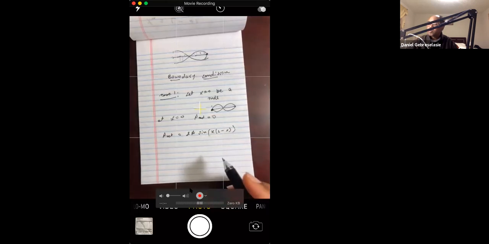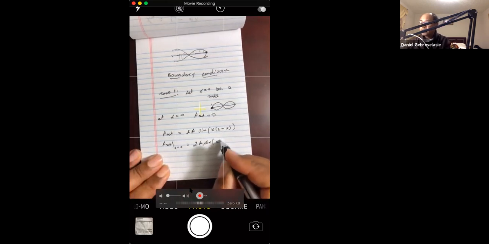So let's work out this condition. We're going to set A net equal to 0 at x equals 0. A net is 2a sine of k(L minus x). So if you put x equals 0, we have A net at x equals 0, which is 2a sine of kL equals 0.